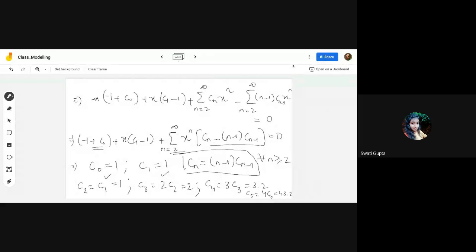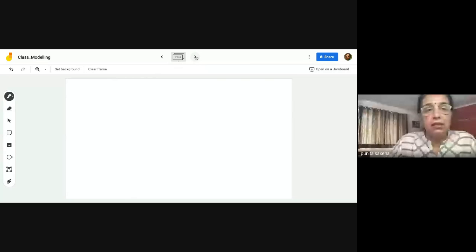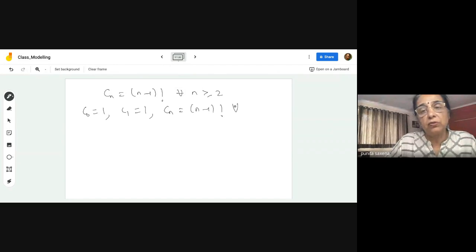Ma'am, Cn is n minus 1 factorial for every n more than or equal to 2. So you have C0 1, C1 1, and Cn equal to n minus 1 factorial for every n more than or equal to 2. Is that okay?